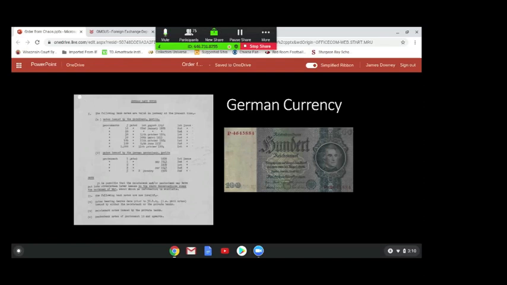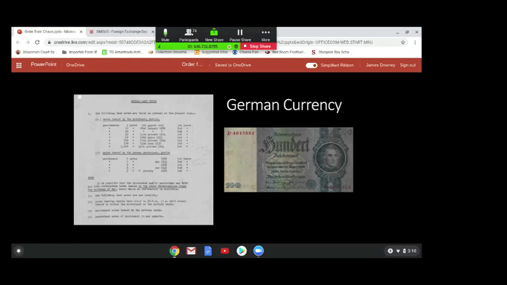As the Allied forces made their way into Germany and entered a German town that had been cleared of active military operations, some of the first people that entered there were the civil affairs units and the finance units. And that was particularly the case if there was a Reichsbank branch located there.